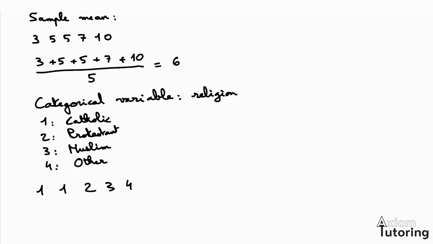Well, if you think about it, it cannot be done because those numbers are purely arbitrary. There's no reason why we assigned 1 to Catholic, 2 to Protestant, 3 to Muslim, and 4 to others. I could have chosen instead to have 4, 3, 2, 1. And given that I could pick any values, not even 1, 2, 3, 4, it could have been 10, 17, 92, 83.